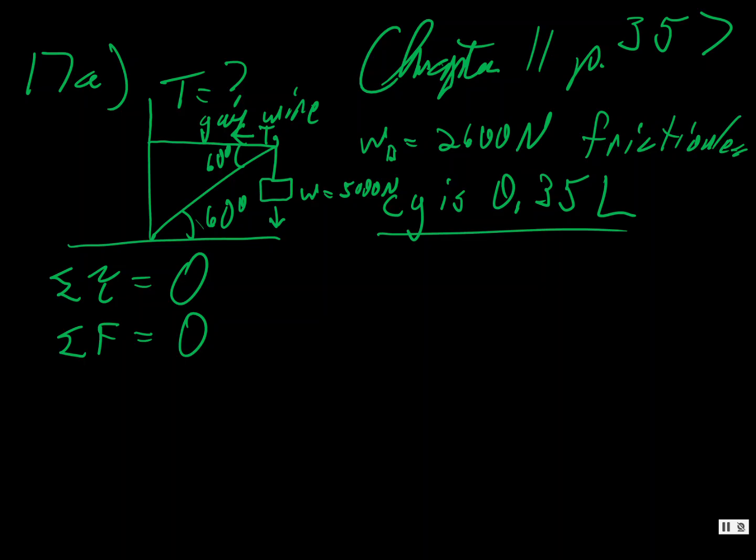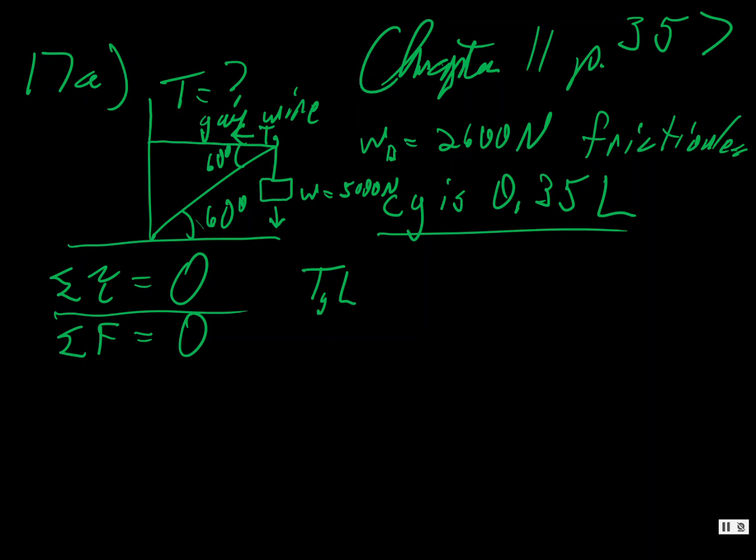Okay. So remember, we're going to work this from a torque standpoint because we have a distance and we have a force, a tension. So let's solve it that way. So we've got the tension in the guy wire times the length. Now, what equation are we going to use? Are we going to use sine or are we going to use cosine?